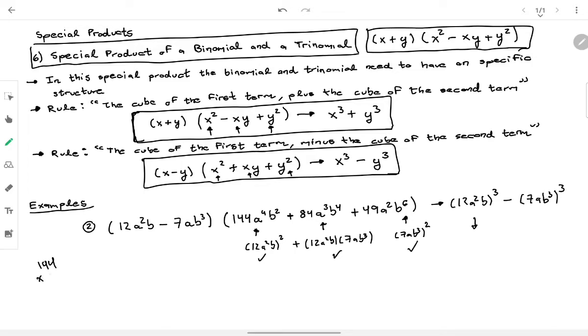144 multiplied by 12. It will be 1728 a to the sixth b to the third minus 49 times 7.